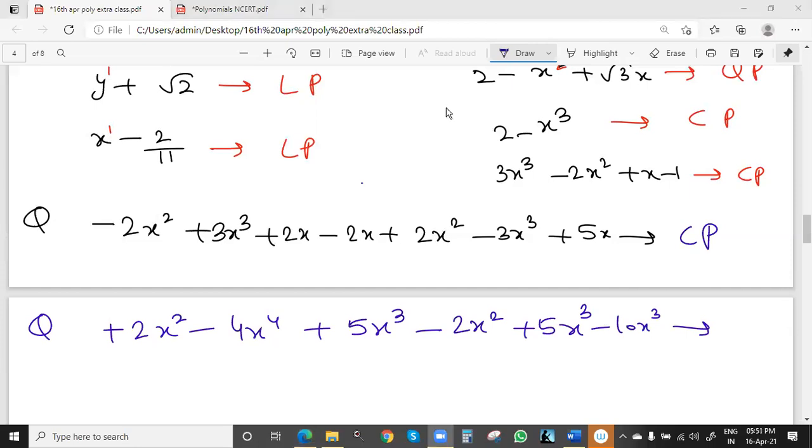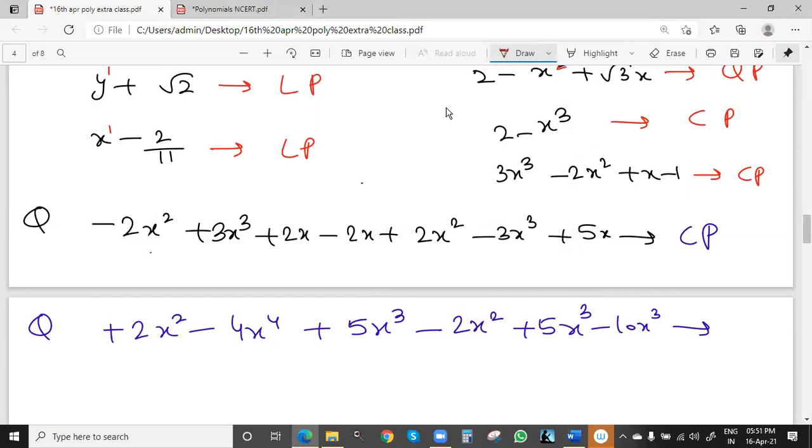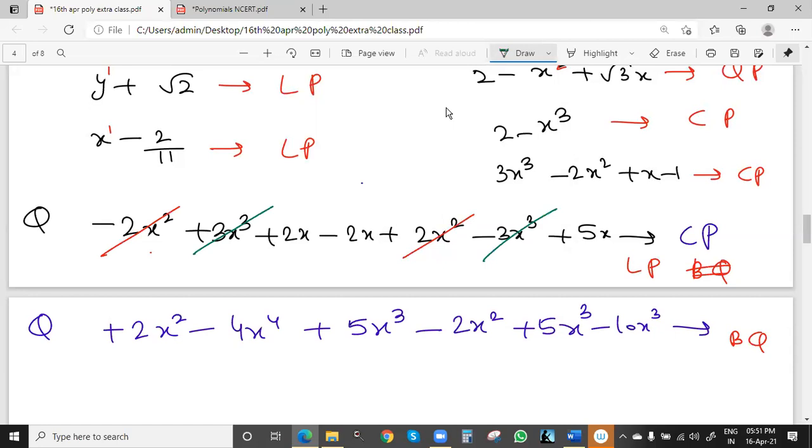Okay. See, we have to simplify. 2 minus 2x square, 2x square will cancel out. Then 3x cube and minus 3x cube will cancel out. 2x and minus 2x will cancel out.